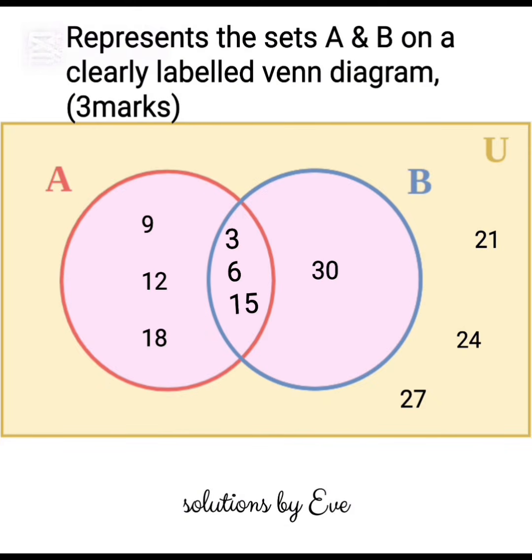So we have the multiples of 3 which are less than 20 and also which are factors of 30. We have 3, 6, and 15.